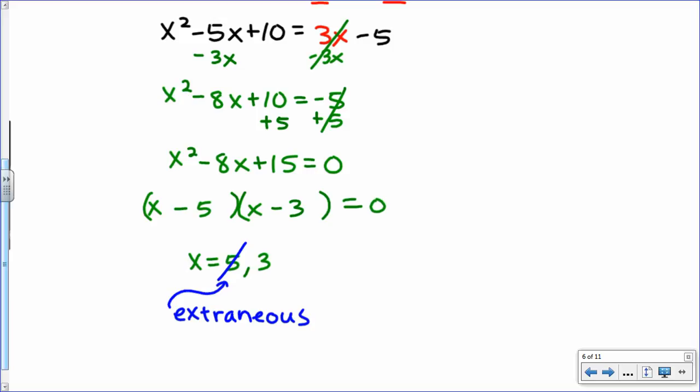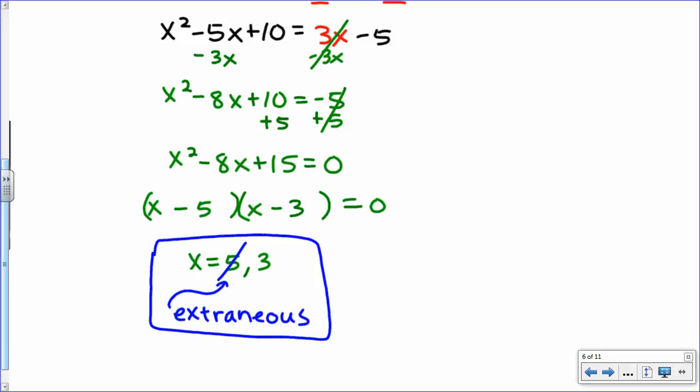It'll tell you in the directions if you have an extraneous root or an extraneous solution, state so. It'll tell you to point out the extraneous ones. We're only going to have extraneous ones with either rationals or radicals, so when variables are in the denominator or under the square root.